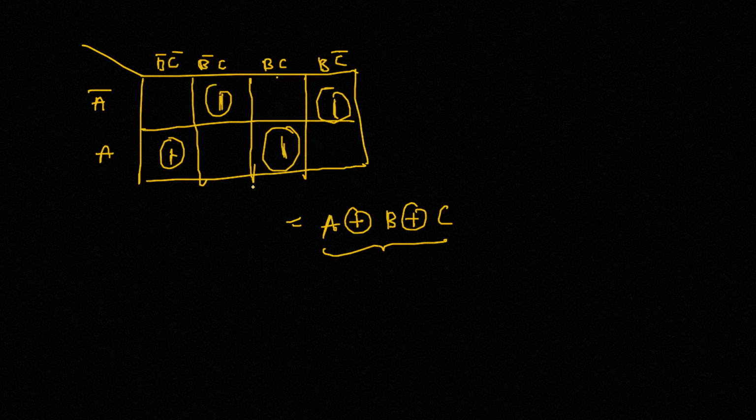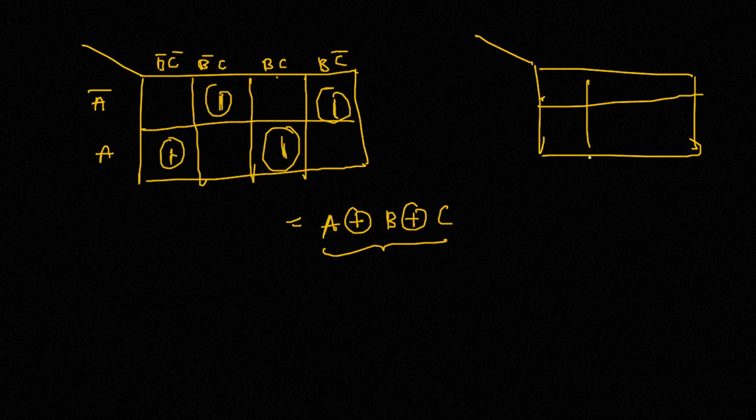Now the truth table for this will be the exact opposite, right? You have one for A complement B complement C complement, one for A complement B C, and a one in A B complement C and A B C complement. Okay, so this is not the desired chessboard configuration that we want.